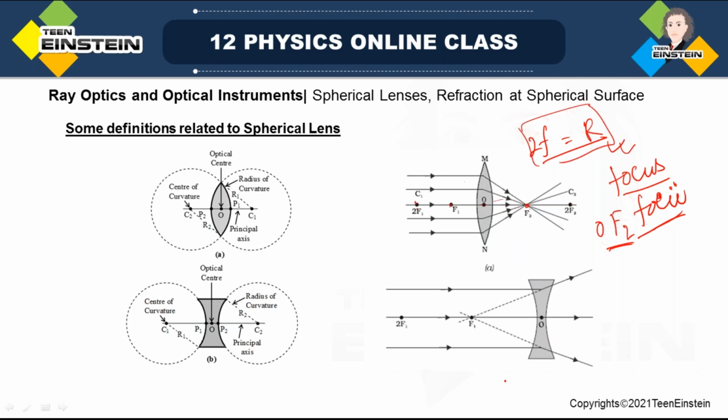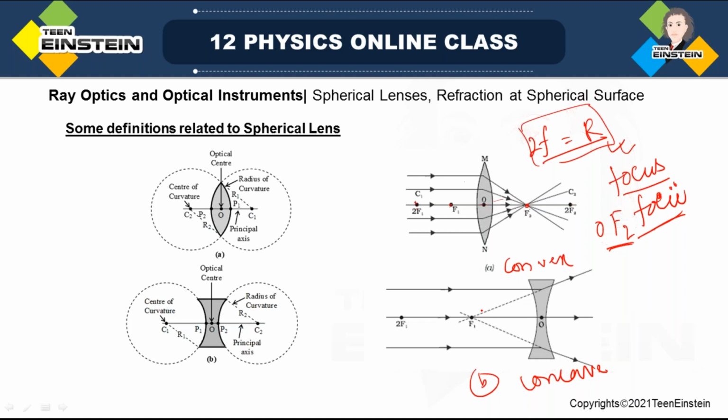In the case of a concave lens, this is convex and this is concave. What happens? After refraction, the parallel rays appear to meet at this point F1 on the principal axis.